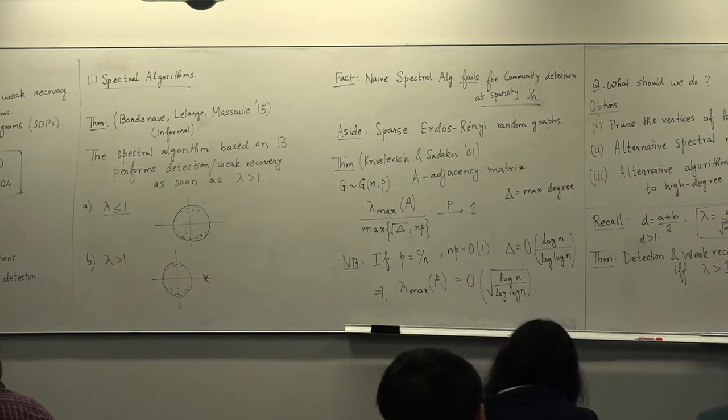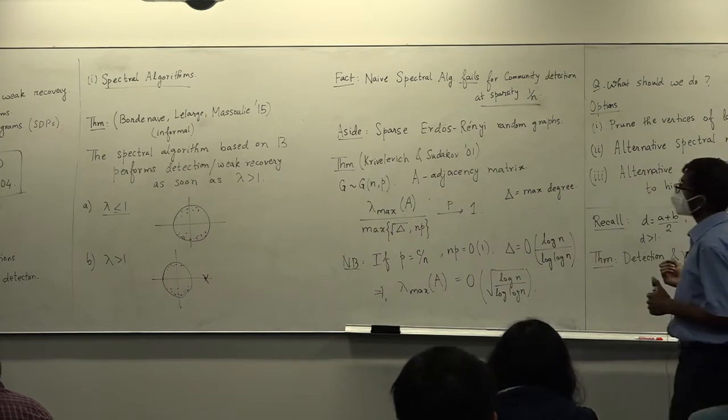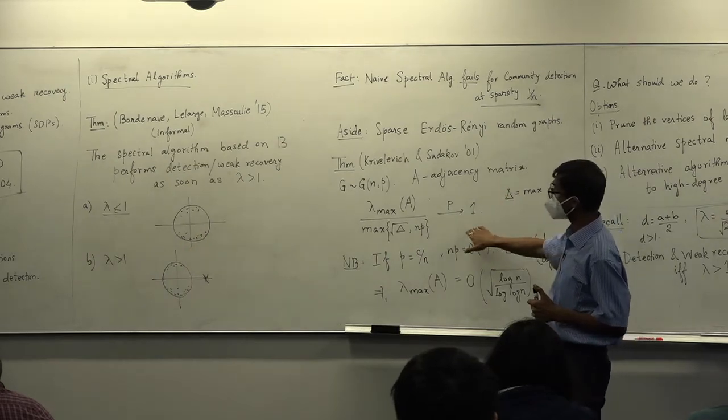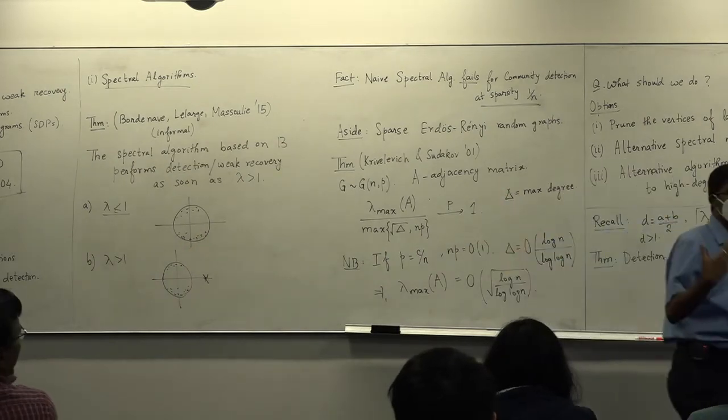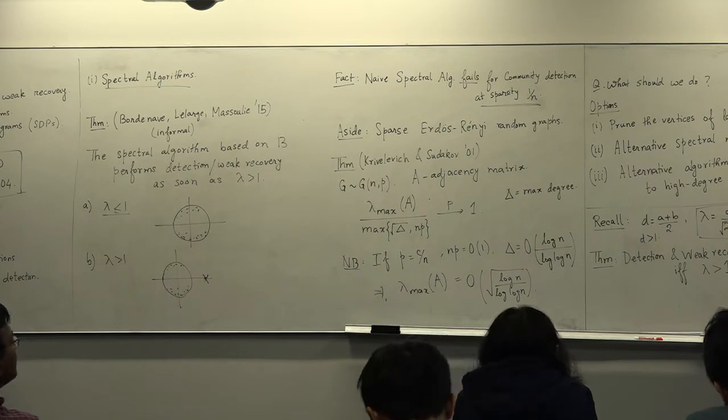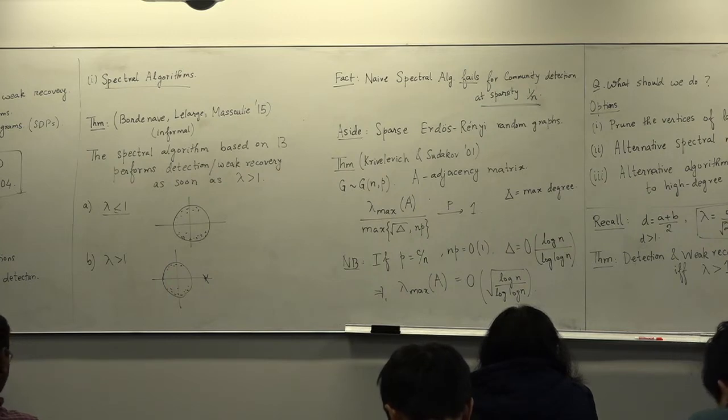How did I come up with this? Why does this work? So if you think about this, we realized that the main barrier for the naive spectral algorithm was the existence of vertices with very high degrees, right? That's what was making things worse. Now, because you're looking at the non-backtracking matrix, imagine this vertex. If this were a vertex of very high degree, it has many edges that pass through it.